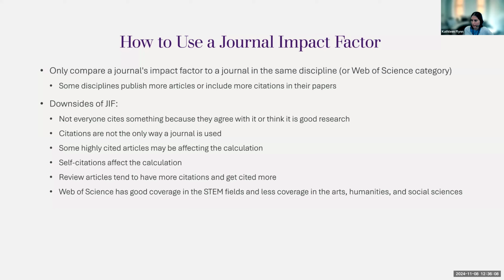They get cited more. So some journals only publish reviews, so they can have really high impact factors. And then another downside for the impact factor is, if you're not in a STEM field, Web of Science has really good coverage in the STEM fields, not as much coverage in the arts, humanities, and social sciences, but a decent amount.